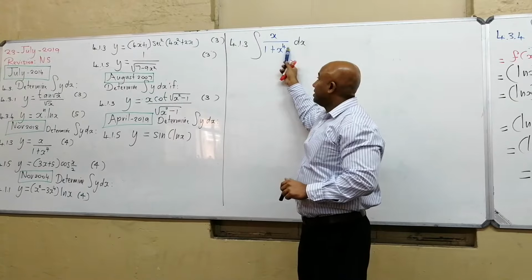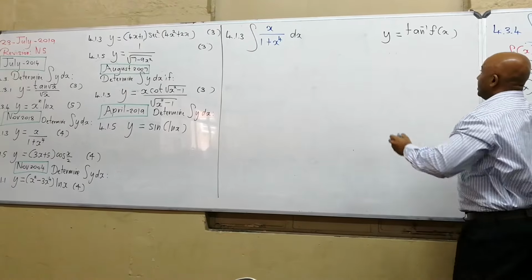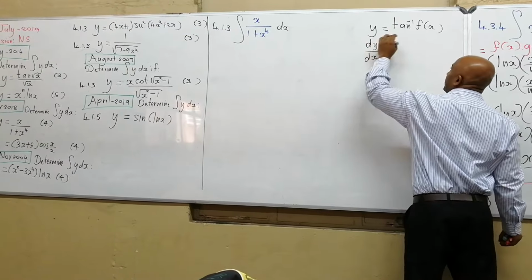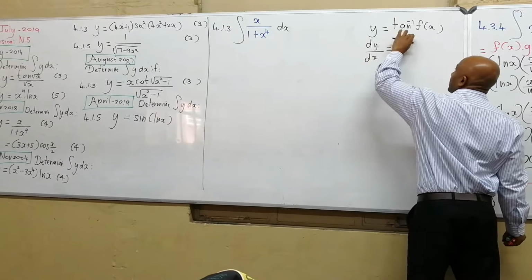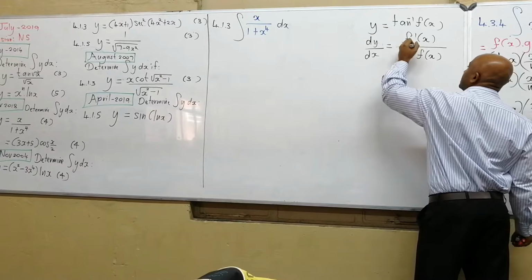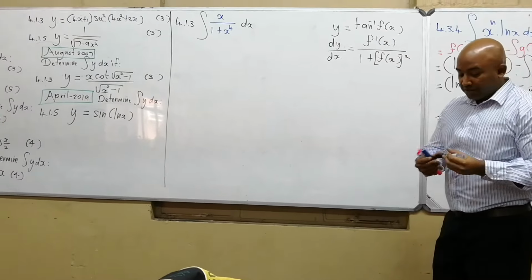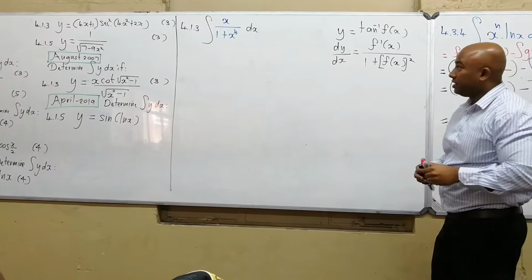If we go back to differentiation, remember if I say y is equal to inverse tan of f of x, these are your inverse trig functions, then dy over dx, the formula is f prime x all divided by 1 plus f of x all squared.